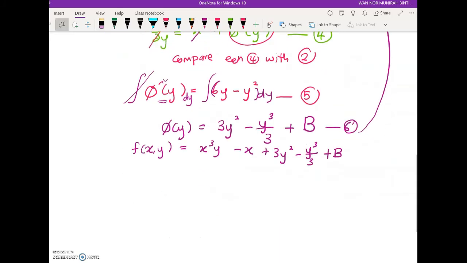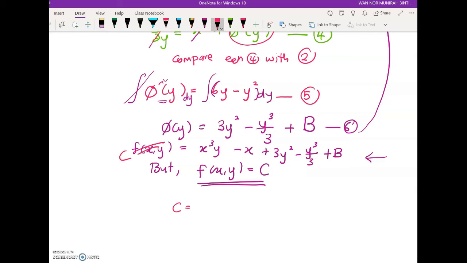So let's say this is our solution, but we are not finished yet, because we know that f(x,y) must be a constant c. So I replace this one with c, so I have c equals x cubed y minus x plus 3y squared minus y cubed over 3 plus b.